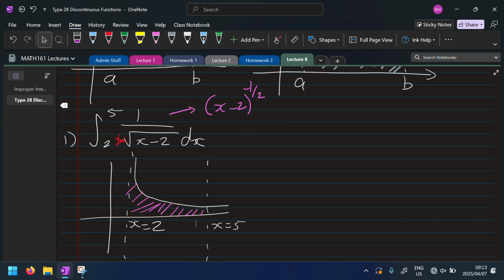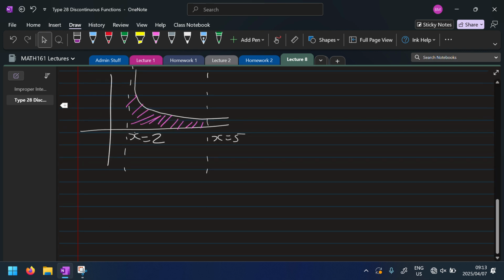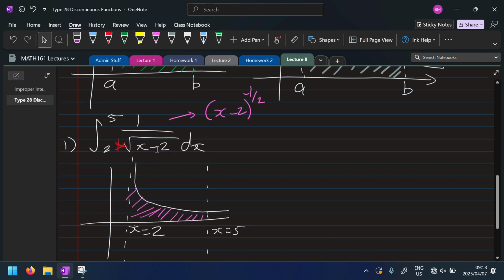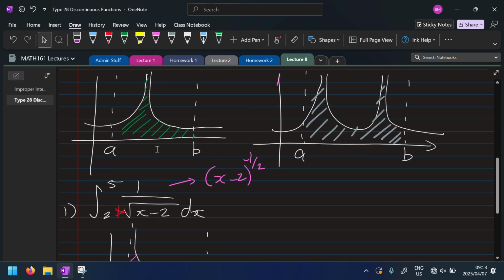We need to be careful. So x equals 2, that's the problem point. We're going to remove the problem and then take a limit. So this is going to be equal to the limit as a goes to 2 plus. If we look back here, the interval is from 2 to 5.